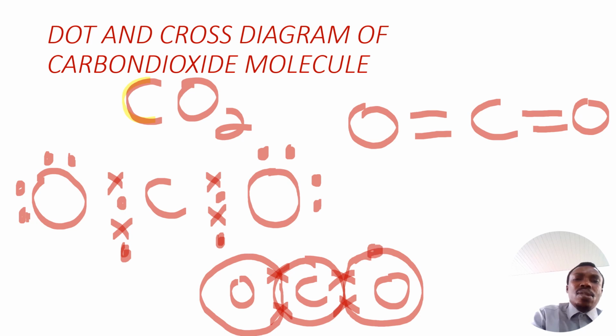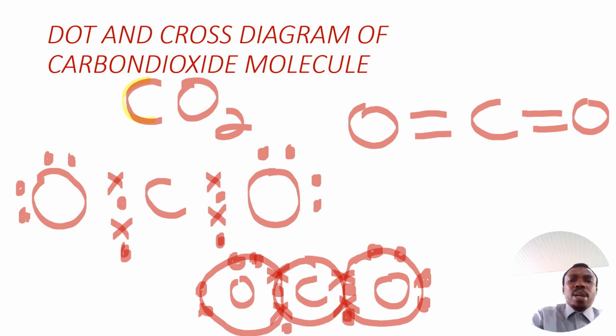So we'll use the dot 1, 2, 3, 4, then 5 and 6. So we'll do the dot here. This oxygen contributes 1, 2, 3, 4, 5, and 6.